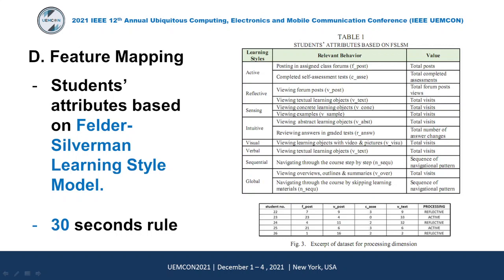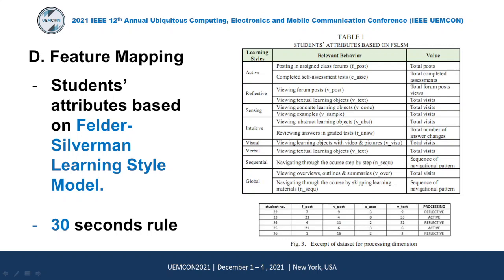Global learners, for example, view overviews, outlines, and summaries in learning objects. We monitor their total visits, and we adopted a 30-second rule. It means that for a user's visit to be counted as a view, they must spend at least 30 seconds, to avoid counting random viewing by students.